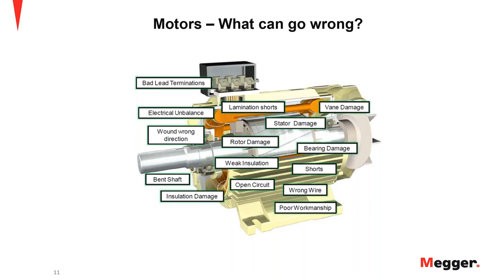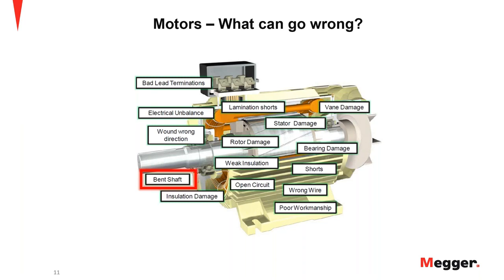So we do have a few things that can go wrong with the motor. Bad lead terminations. This is mostly a human error, and it is very important to double check or verify the motor terminations are torqued and correctly installed per manufacturer specs. We also have electrical unbalance, which could be the supply voltage being unbalanced coming from the utility or generating source which feeds the motor.